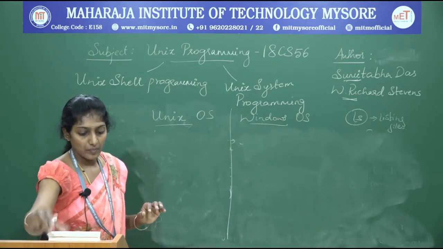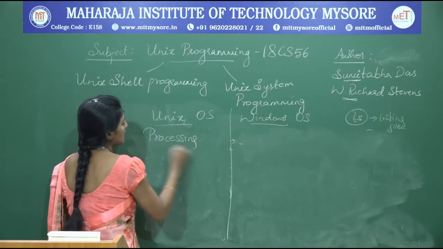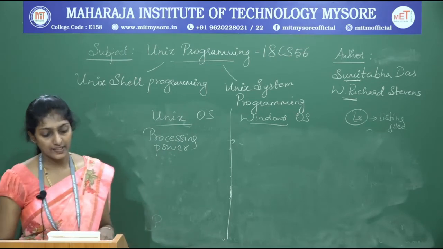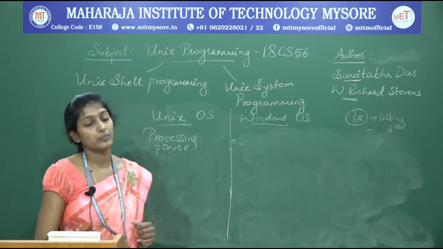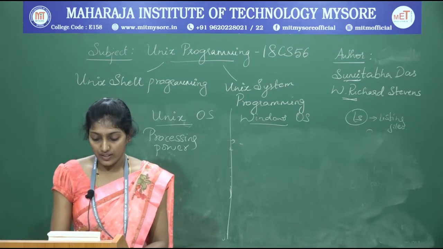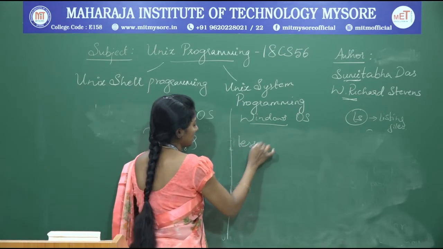Next is processing power. With the Unix operating system, we have greater processing power when compared to a Windows operating system. Here we have less processing power.